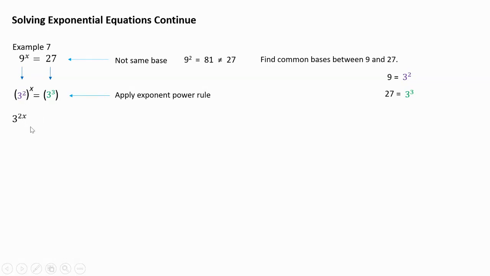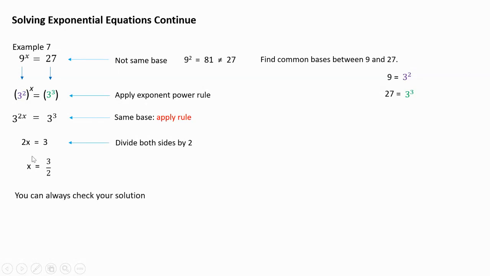So 2 times x will give us 2x. If you notice, now we have the same base, which is 3. So now we can apply the rule. So then it'll be 2x equals 3. We divide both sides by 2. So x equals 3 over 2.